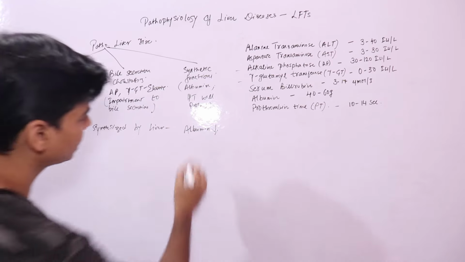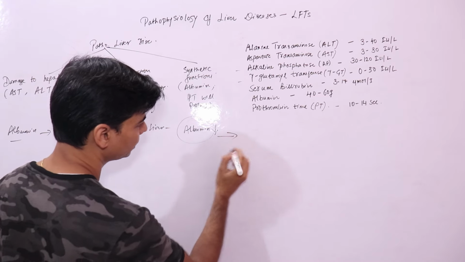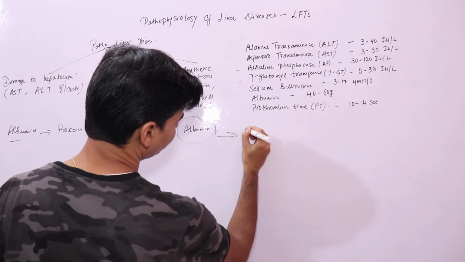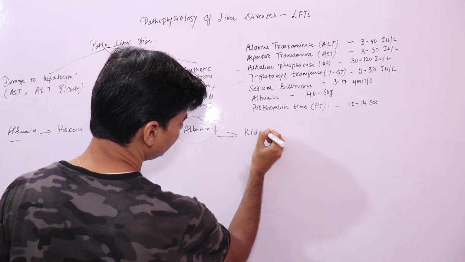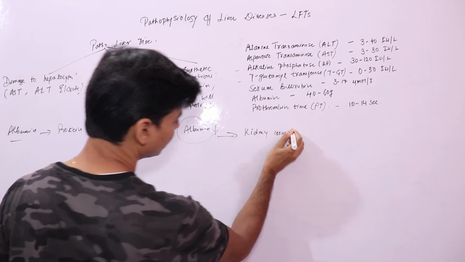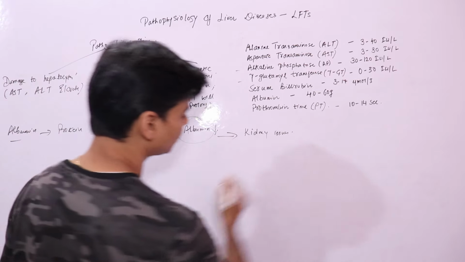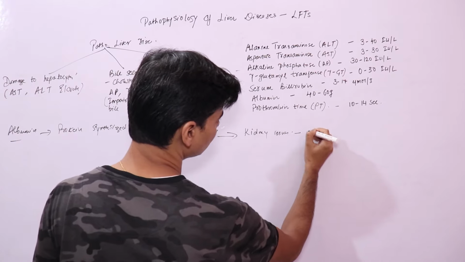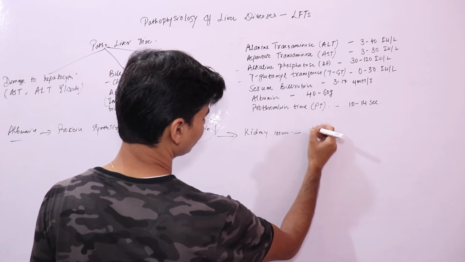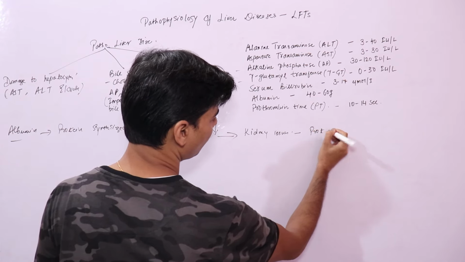That means this may happen due to kidney issues, right? Because there can be protein loss due to kidney issues, and albumin is a protein.